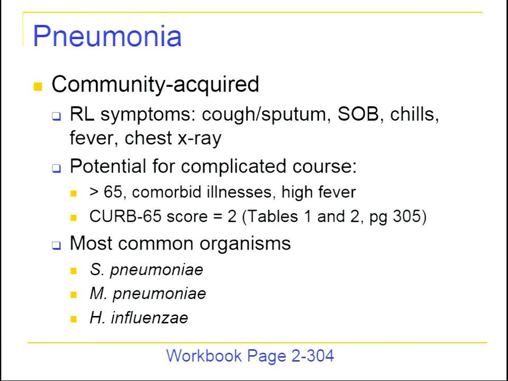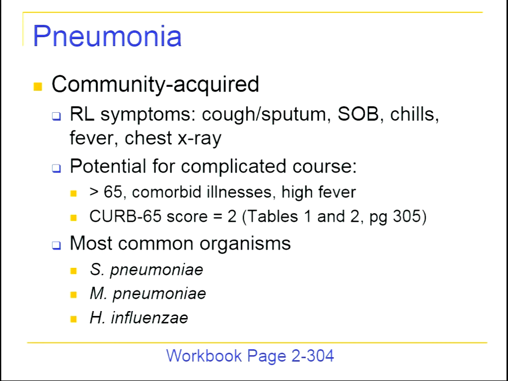There are a couple of scoring systems. The PORT scoring system is a very good scoring system, but it's very complicated. The easiest, and something that you can do off the top of your head, is CURB 65. The information on CURB 65, again, is in your handout. There are 5 things there: whether they're confused, uremic, whether they have an elevated respiratory rate, whether they have any sort of blood pressure changes, and finally, whether they are 65 years of age or over.